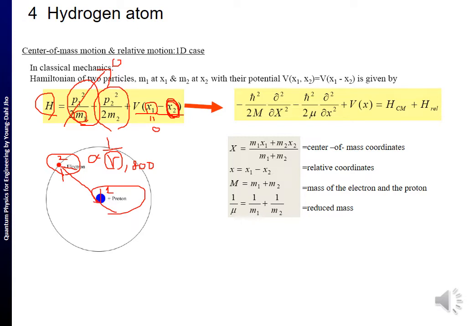So here you will change the coordinate based on large X and small x. The mathematical procedures are a little bit complicated. We'll skip that part, but if you can understand the meaning, it is still good enough.